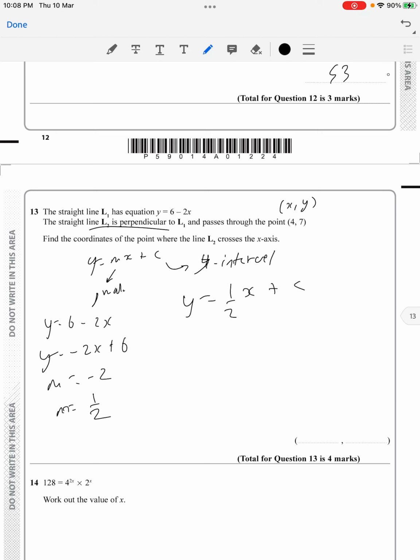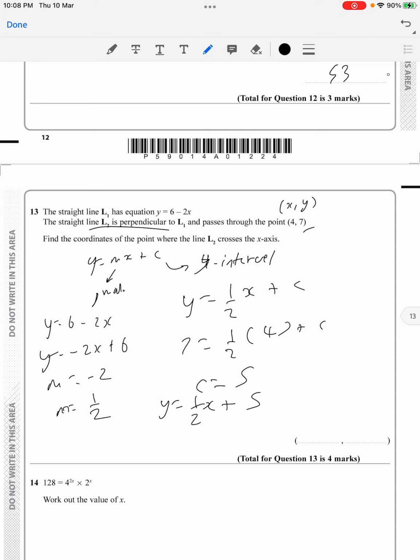Since the straight line L2 is perpendicular to L1, we use the coordinates 4 and 7. We input 7 for y and half of 4 plus c, and find c through substitution, which should be about 5. Once you find that, you can directly put it in your value: half x plus 5.